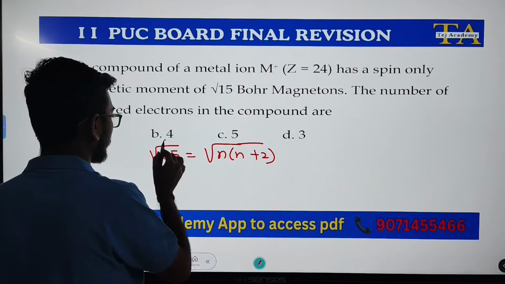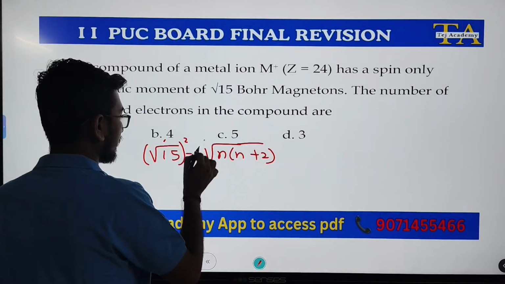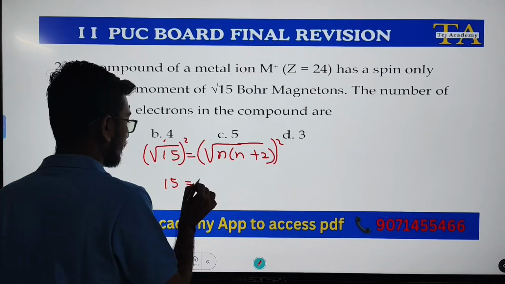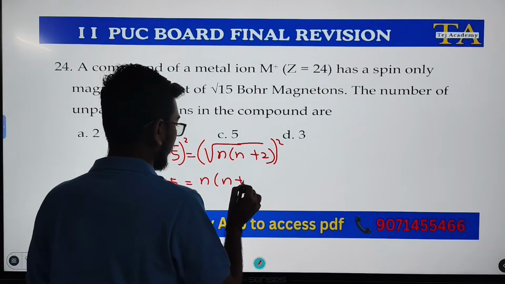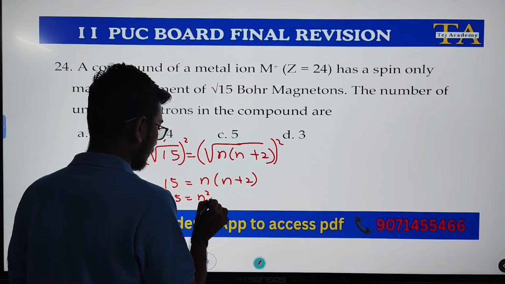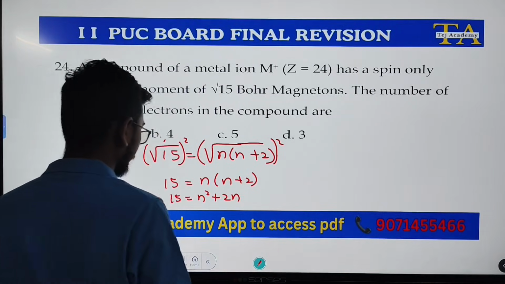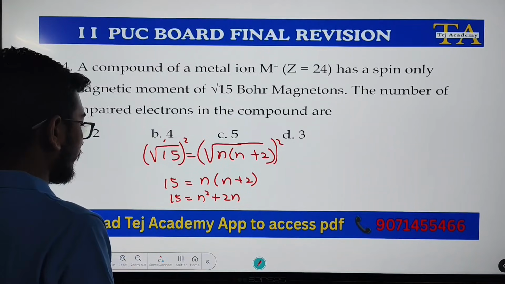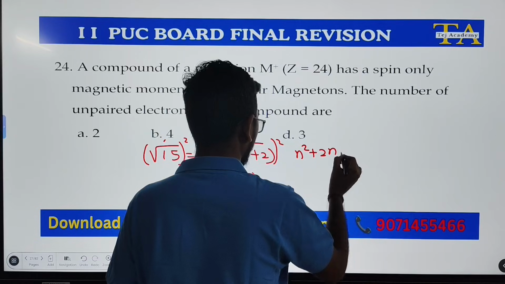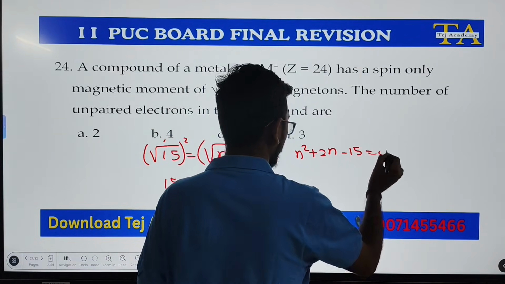So both sides, if you multiply with squares, then you will get 15 equals n into n plus 2. Then 15 equals n square plus 2n. Okay. Then n square plus 2n minus 15 equals 0.